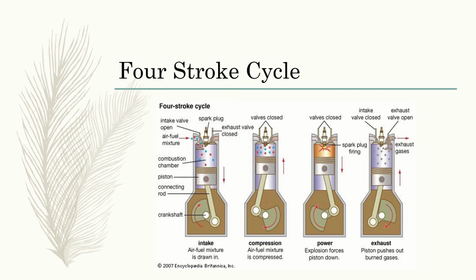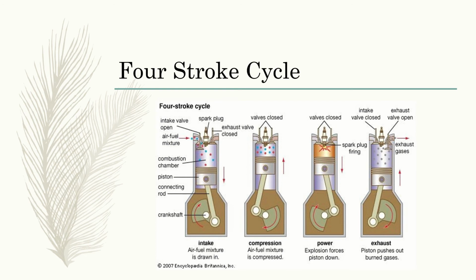The next 180 degrees, which is the start of the second revolution of our crankshaft, is the combustion or power stroke. In this stroke, the compressed air-fuel mixture is ignited by the spark plug. And the next 180 degrees, which finishes the second revolution, is the exhaust.